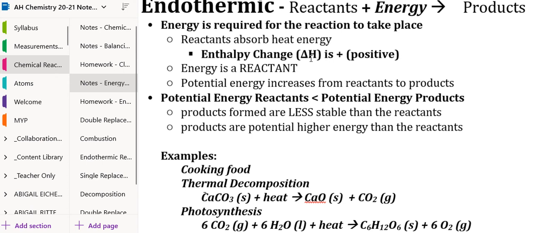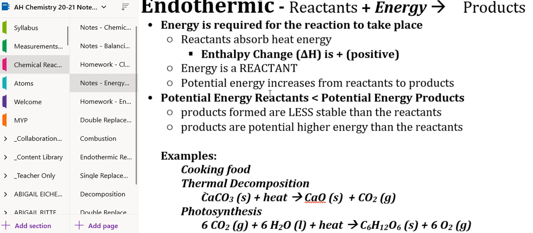This new part is the potential energy. So we can talk about the heat energy, but that also gives us a reflection of the potential energy of the reactants and products. So if our reaction is absorbing heat energy, then going from reactants to products is going to increase the potential energy.